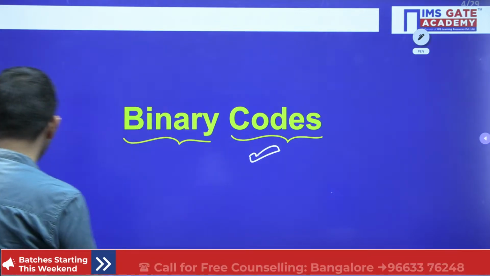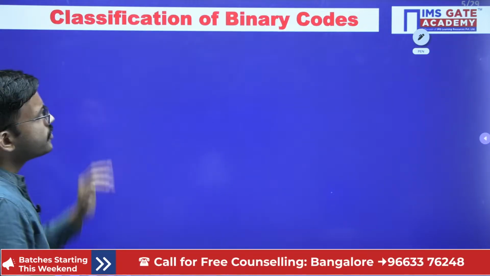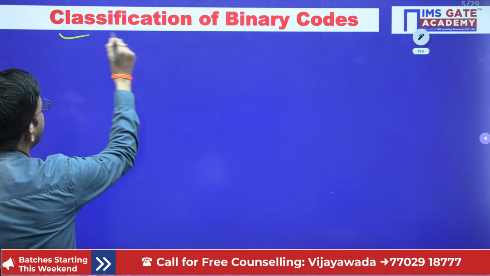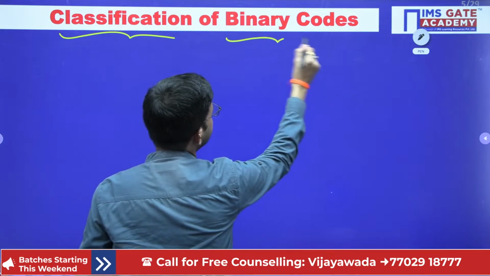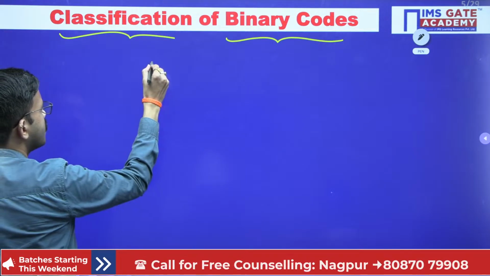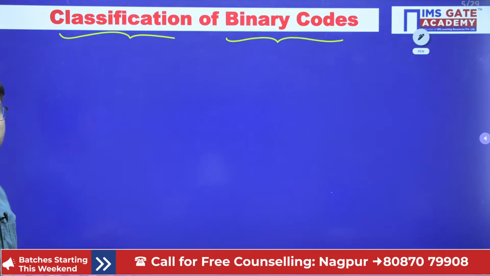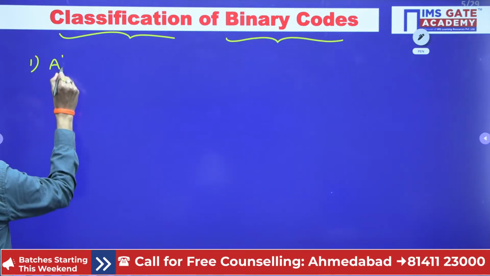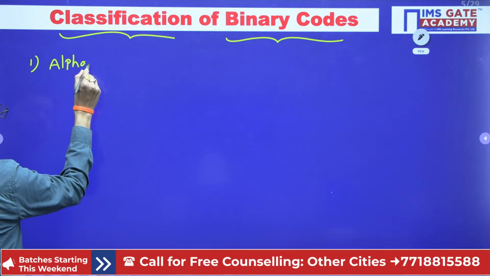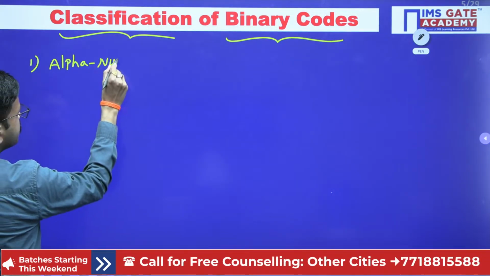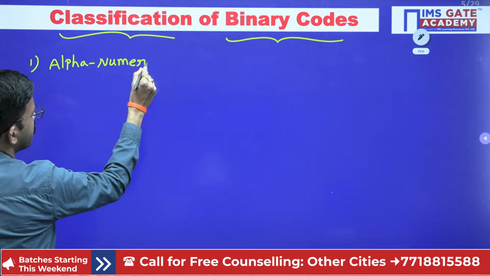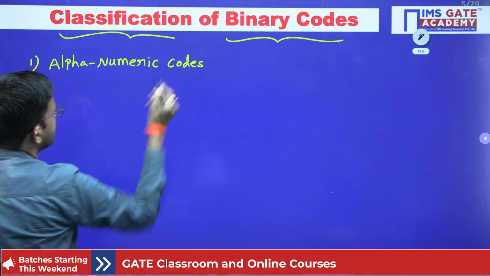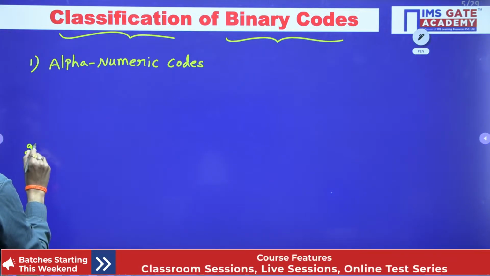Now let us see the classification of binary codes. We can classify the binary codes mainly into two types. The first one is alphanumeric codes, and the second one is numeric codes.